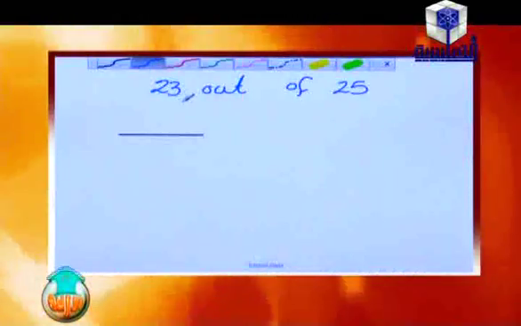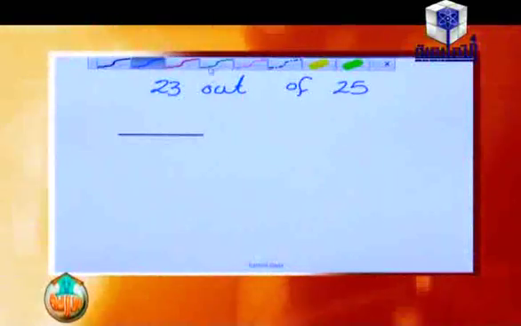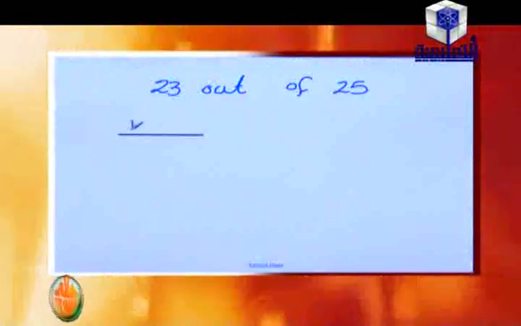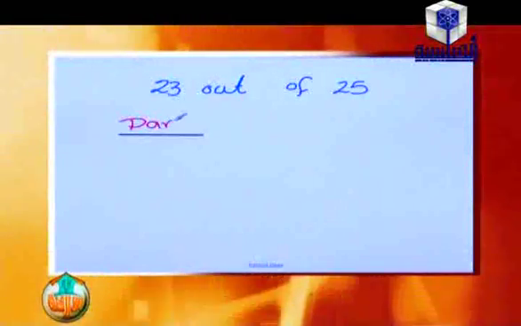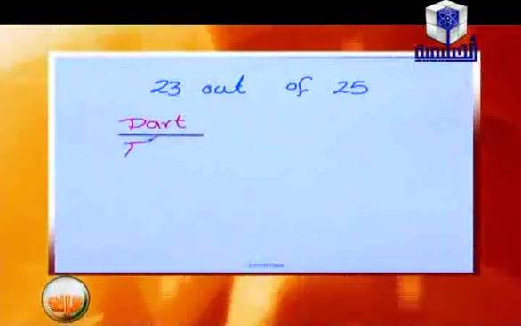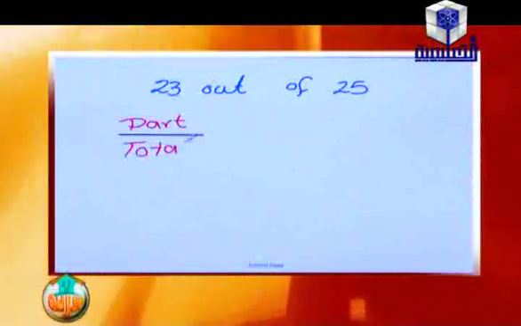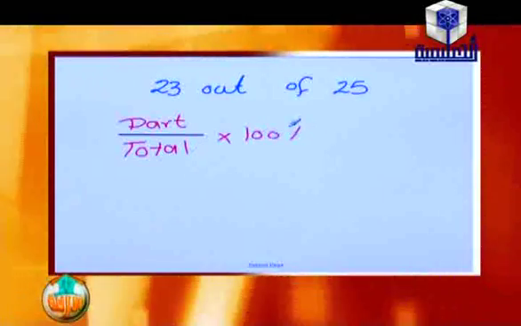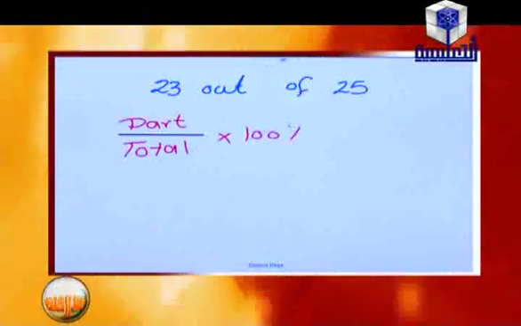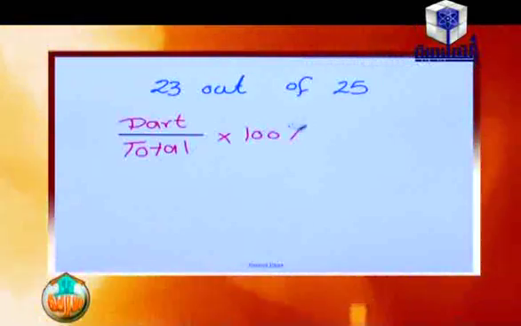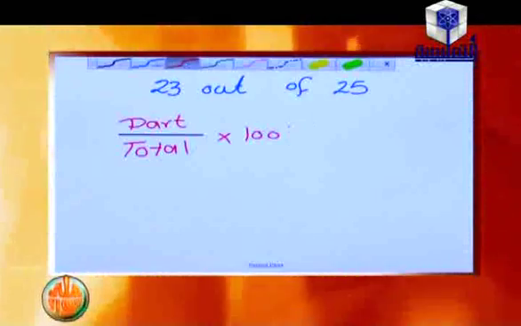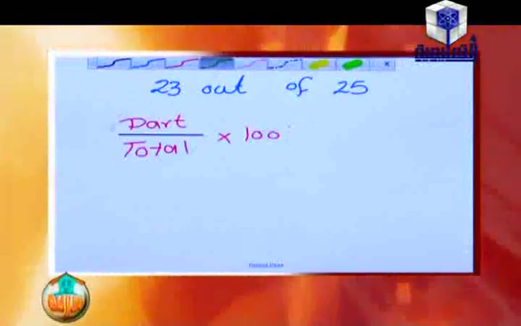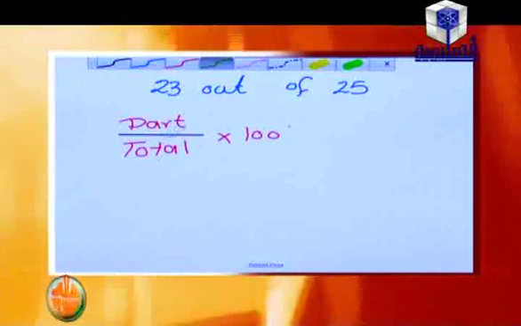We can use this rule to find the percentage of anything. We make the part over the total, multiplied by 100, because we ask for a percentage. Then apply the rule and substitute for each term.